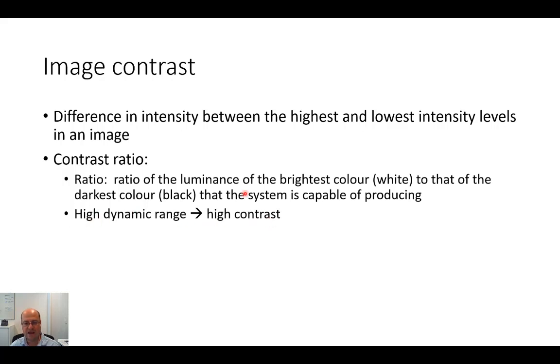It has a great value for the brightest color and a lowest value of the darkest color very far apart, meaning that you have a high dynamic range. You have a large amount of values that you can use to represent your image.